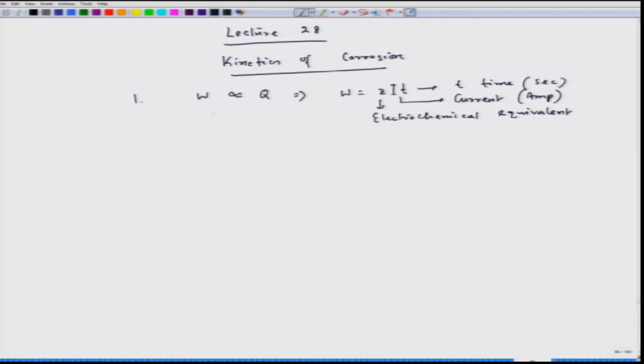Now, there we saw that Z is nothing but the value of W when I equal to 1, T equal to 1. Now, then in order to find out Z, we started looking at second law. It says that E, which is the chemical equivalent, is proportional to Z. Why?